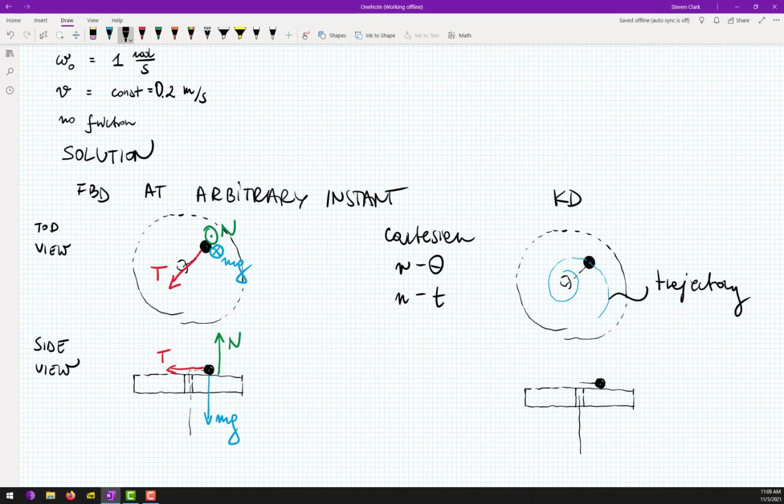Which one is the most comfortable? Second one, r theta. Zach is right. So we're going to go for this one. Let me introduce that coordinate system here. That would be UR, this will be U theta, and this will be K.